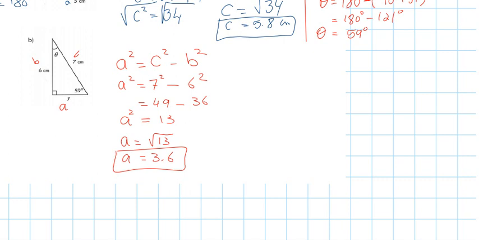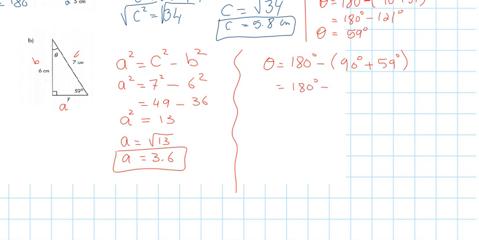It's the same process, so I do 180 minus the sum of the other two angles. Your answer for this is 31 degrees.